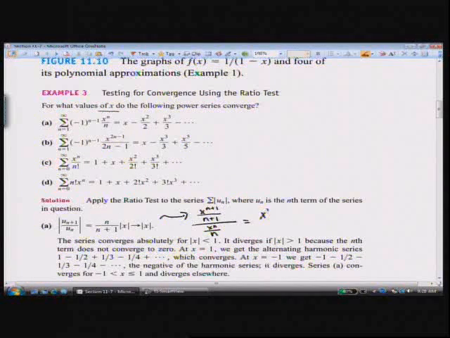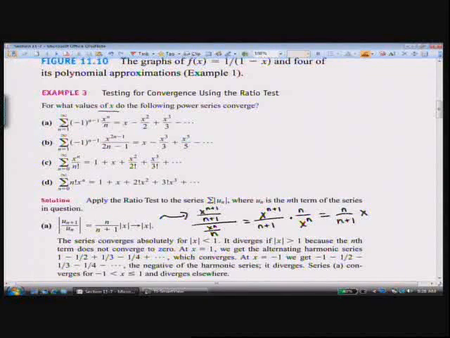So this is x to the n plus 1 over n plus 1 times n over x to the n, right? And so this simplifies as n over n plus 1 times, if you have x to the n plus 1 and x to the n, how does that simplify? That's just going to be x. Right, because this is x to the n and this is times x, and you can cancel that x to the n. You with me? Yeah. Okay, and so then that's just x. And we would have absolute value because all along you have to think of the absolute value here. And n, of course, is positive.